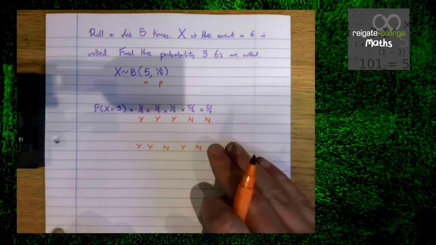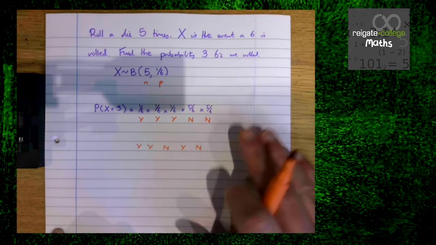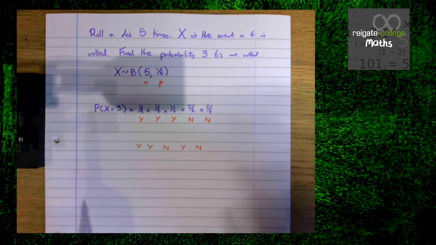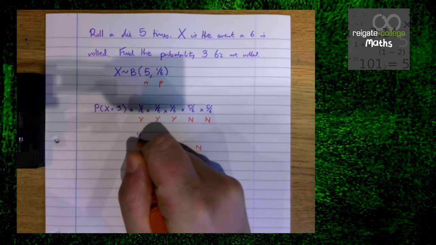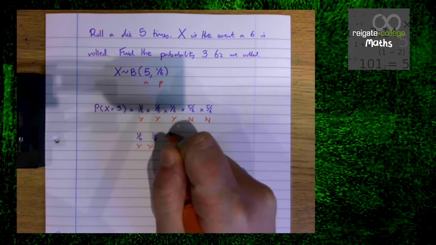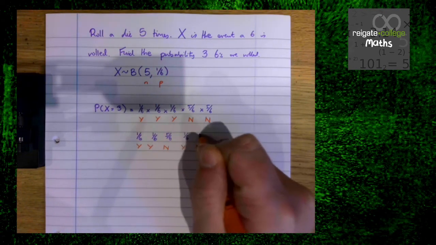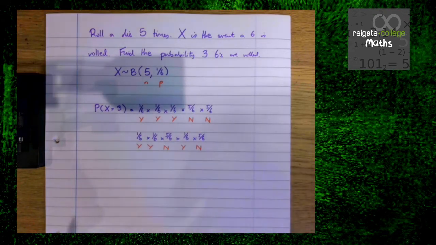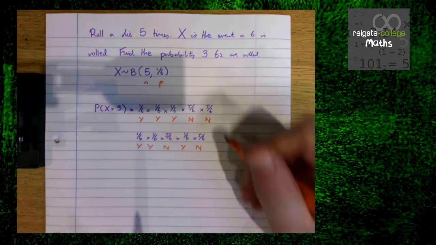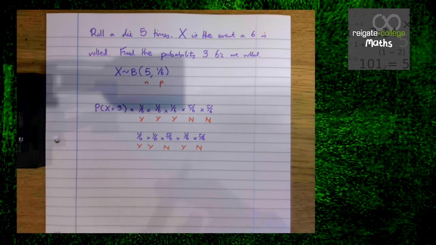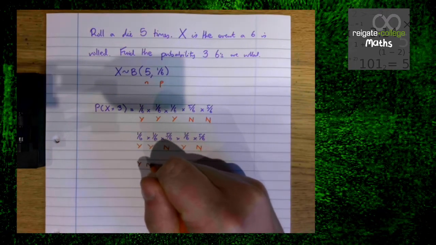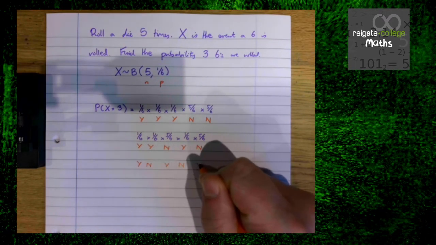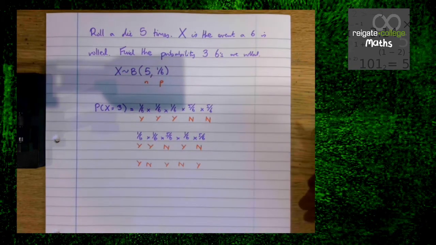The probability of both of these outcomes is the same, because we've got a sixth times a sixth times 5 over 6 times a sixth times 5 over 6. It's the same numbers all multiplied together, they're just in a different order. These are equal to the same thing, which is then the same as this one, for instance, and so on.